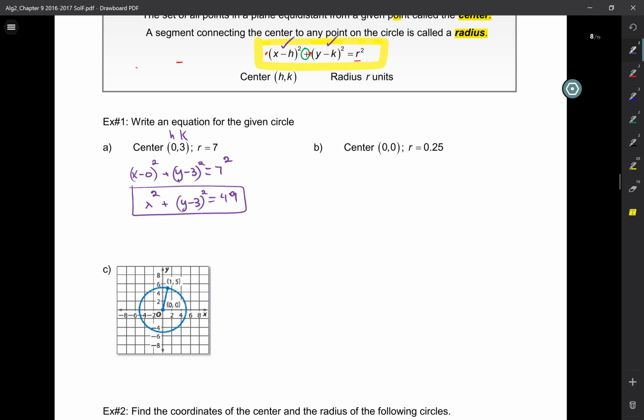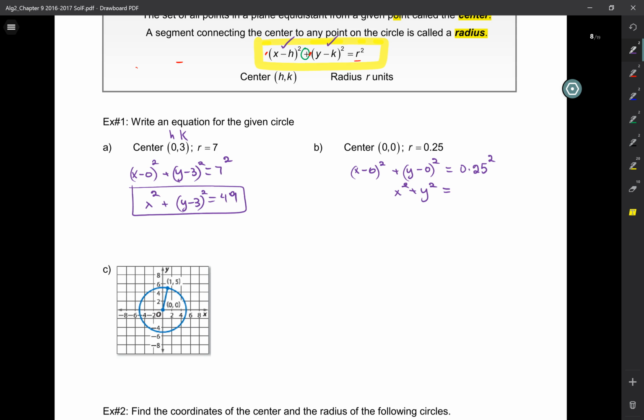Okay, so in the next case, again, I'm only going to write it this one time. x minus 0 squared plus y minus 0 squared is equal to 0.25 squared. So that's x squared plus y squared is equal to, how much is 0.25 squared these days?